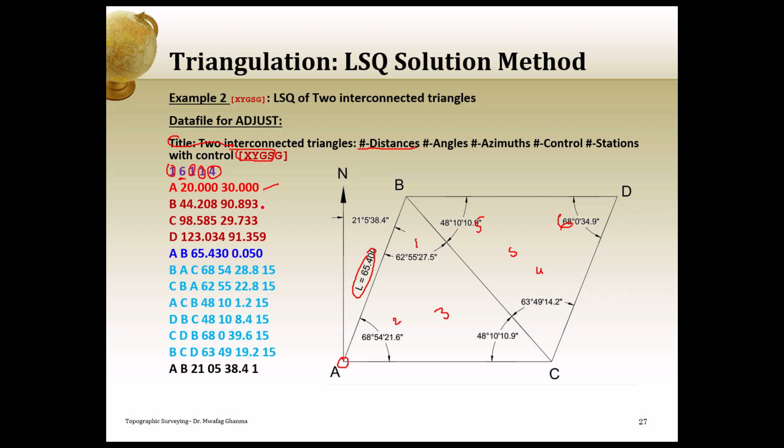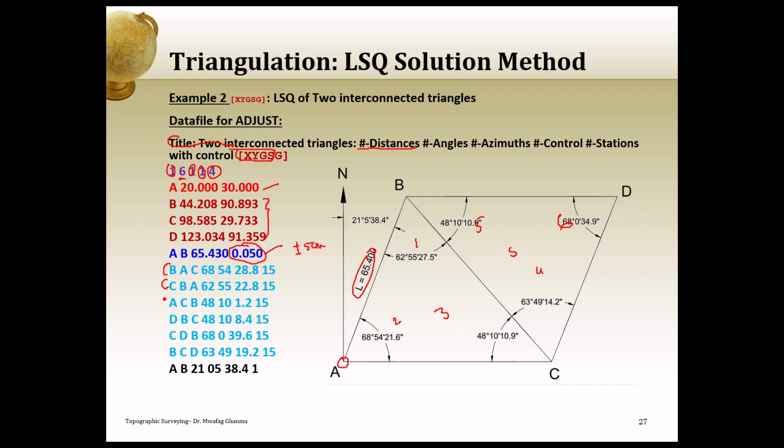Now we provide the control station coordinates. After the control station coordinates, we provide the initial estimations of the other points. Then we have the length of the baseline, and because it's a measurement, it's plus minus 0.05, so it is plus minus 5 centimeters, which is 0.05 meters.